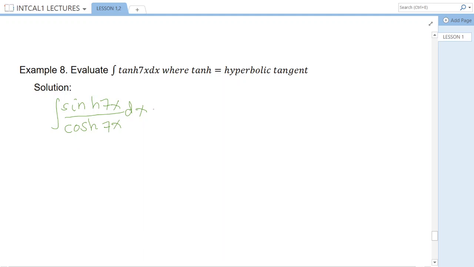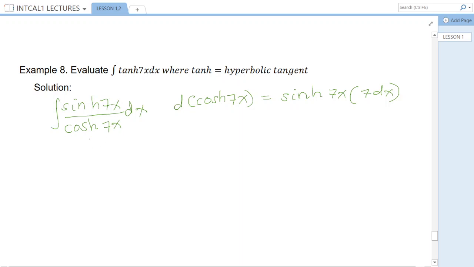So getting the derivative of the denominator, cosine h 7x, that is equal to sine h 7x times 7dx, since the derivative of 7x is 7dx.